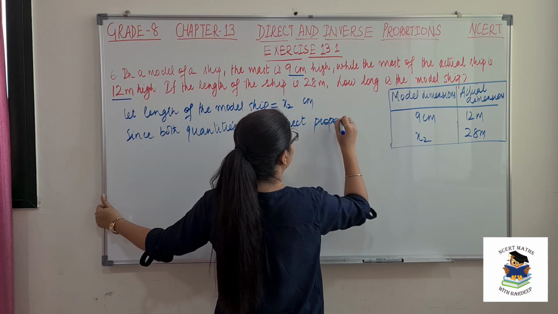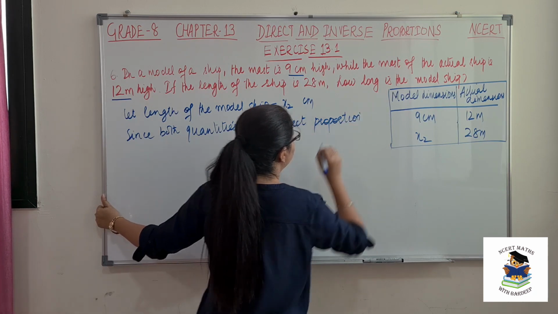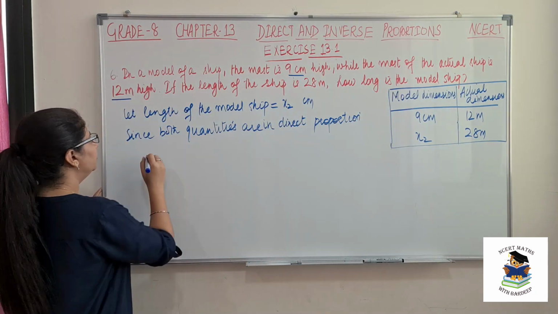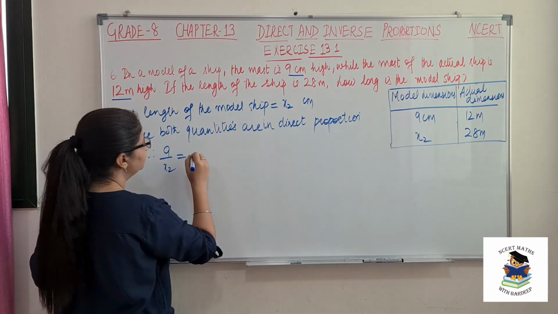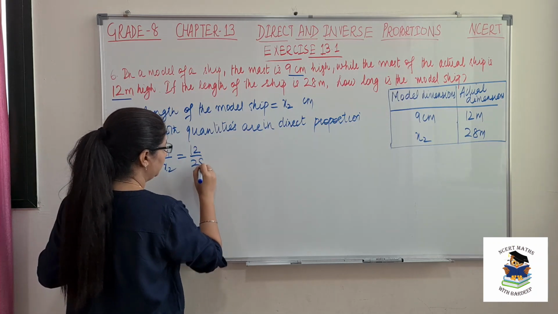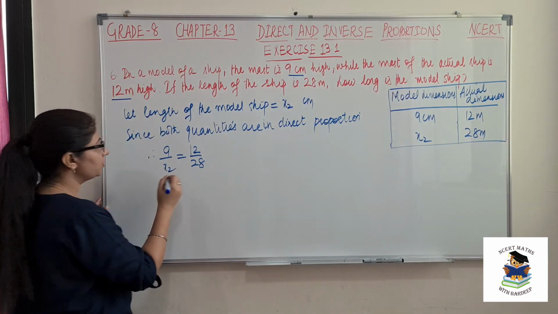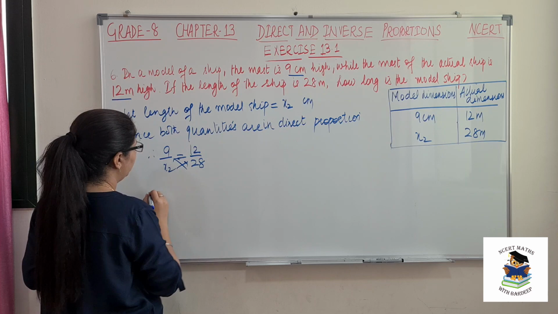Whether it is direct or indirect, you should always mention it. Therefore, 9 over x2 should be equal to 12 over 28. Just cross multiply and find the answer.